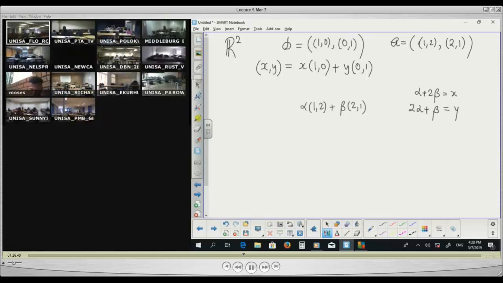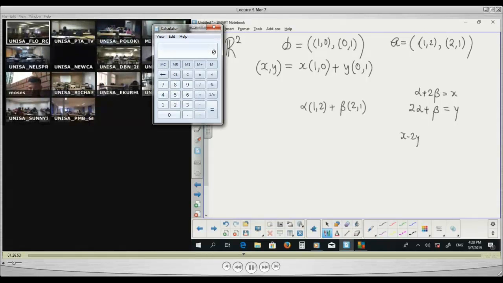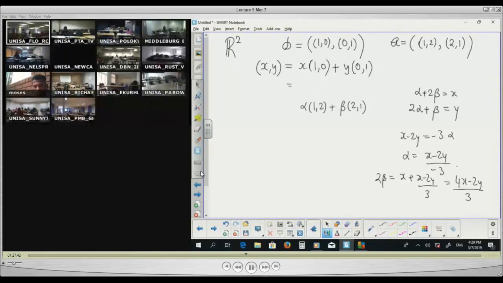So alpha becomes (2y minus x) by 3, and beta is (2x minus y) by 3.